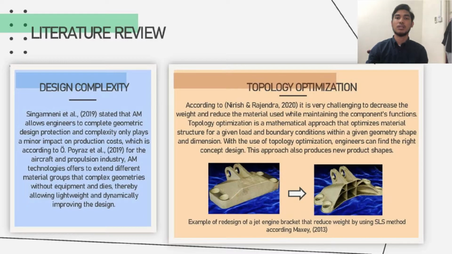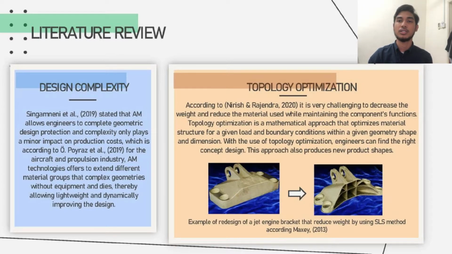Singamani 2019 also stated that AM allows engineers complete geometric design freedom, and complexity only plays a minor impact on production cost. This statement is supported where Paras 2019 also mentioned in his research that the AM method offers several benefits that extend to different material groups, with complex geometry without equipment and dies to be made. This allows lightweight and dramatic improvement of the design.